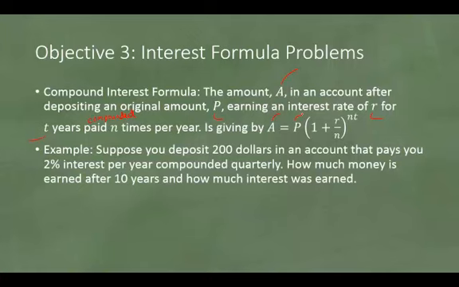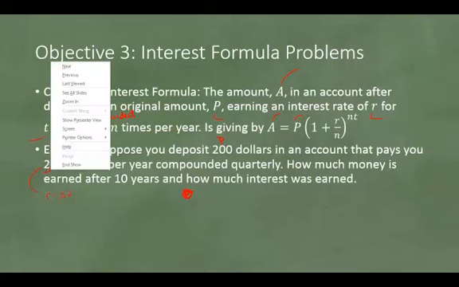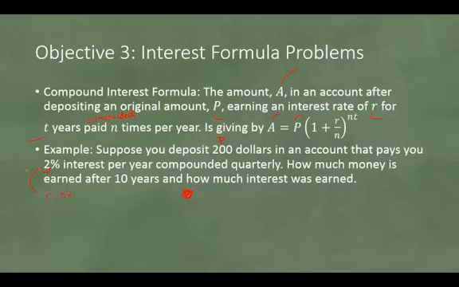So suppose you deposited $200, so your P is 200. Let's write it here. P is 200. That pays you 2% interest. In other words, your R, your interest, is not 2 but 0.02. Remember, to convert a percent to a decimal, you always move the decimal point twice over. 1, 2, 1, 2. This is 0.02.